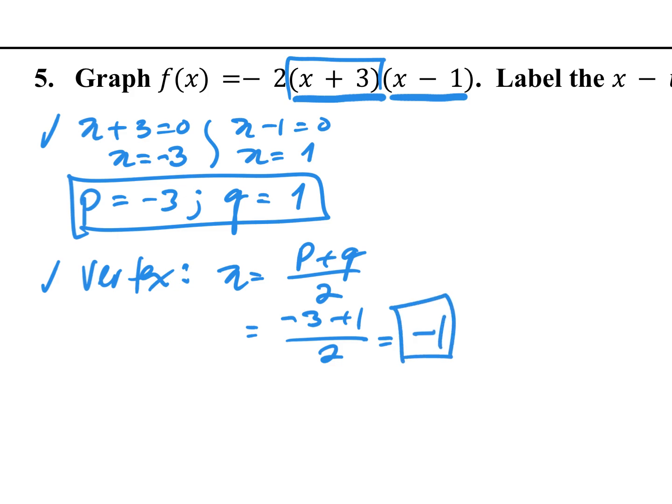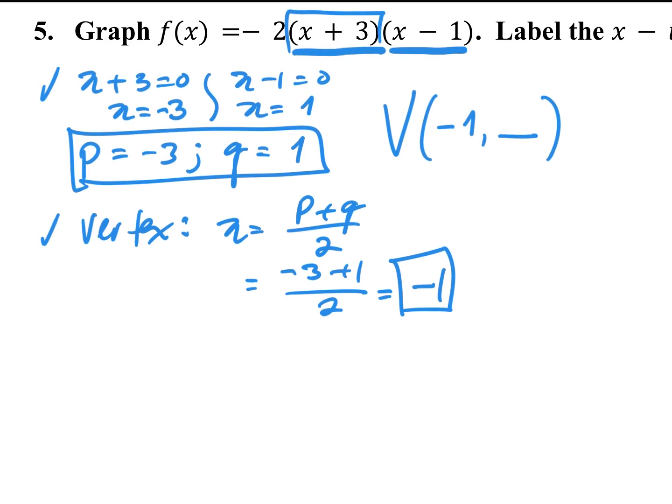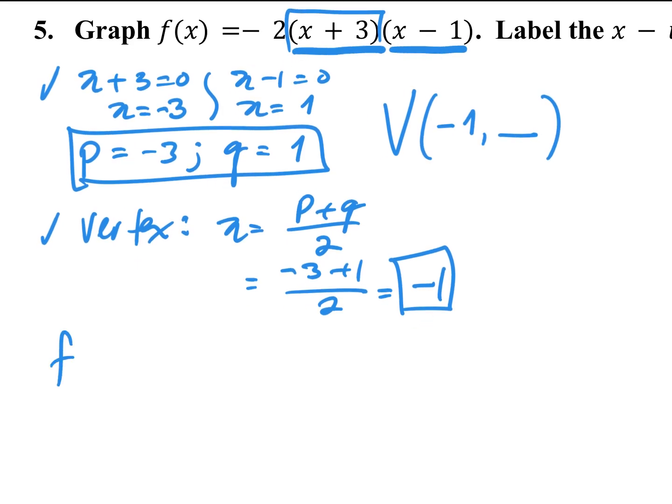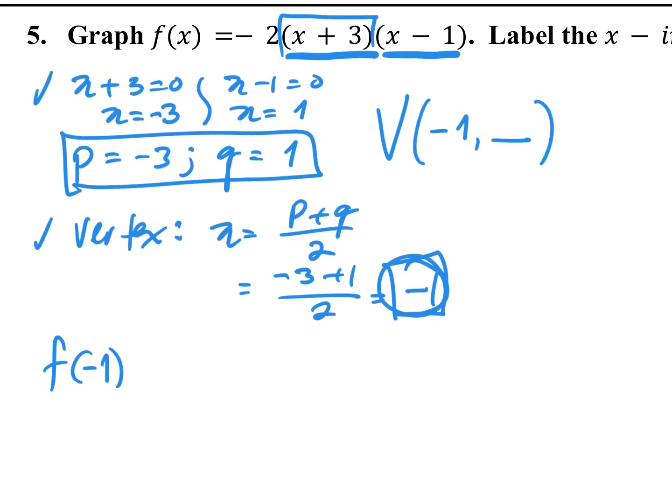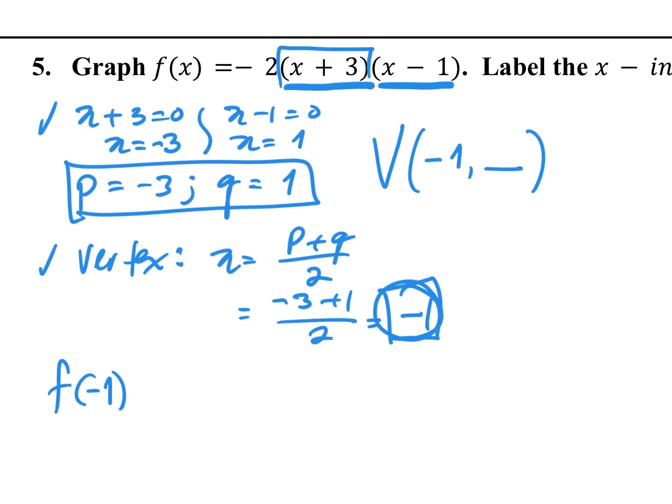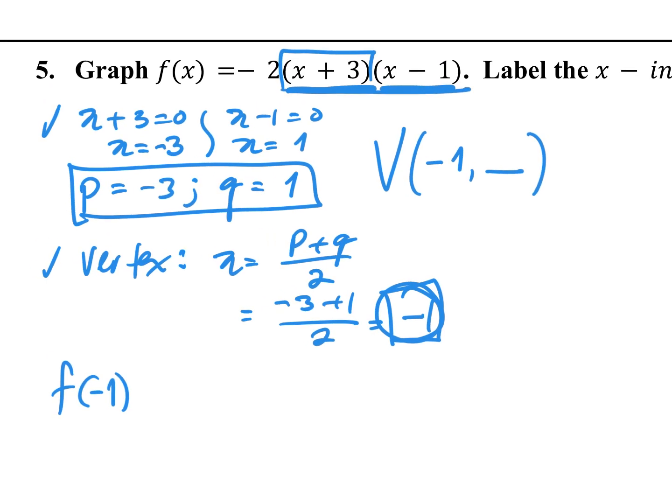So let me write here. My vertex now has an x coordinate of negative 1. Now I'm going to find my y, and I can do that by putting this value into the equation. Remember, this is our equation. That's going to give you negative 2 times negative 1 plus 3 multiplied by negative 1 minus 1.